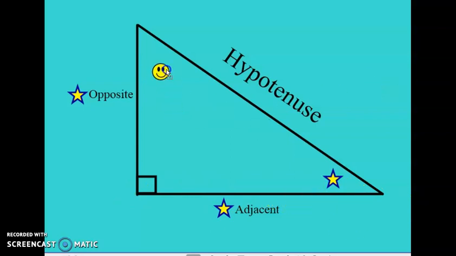If I'm standing over there, this side here will be opposite, and this one is adjacent to the angle concerned. So I can see a side will be opposite or adjacent relative to where I'm situated.